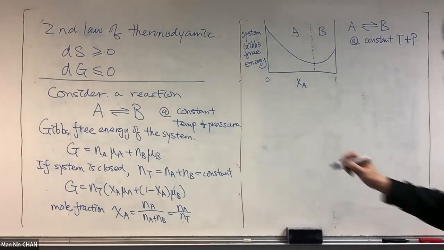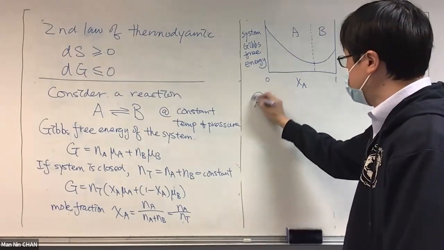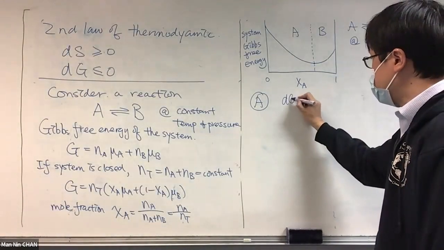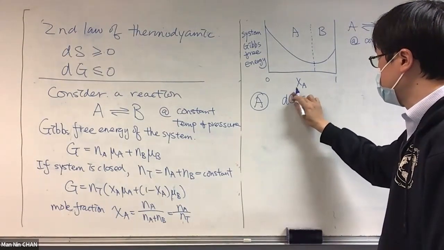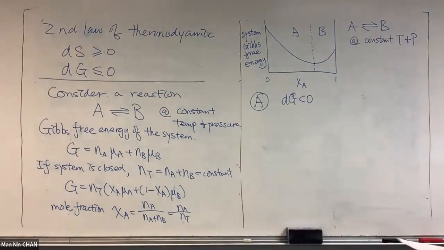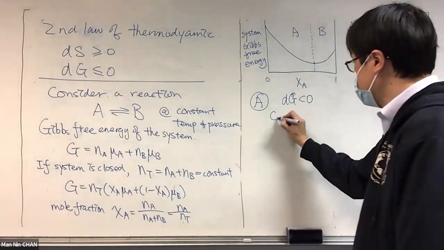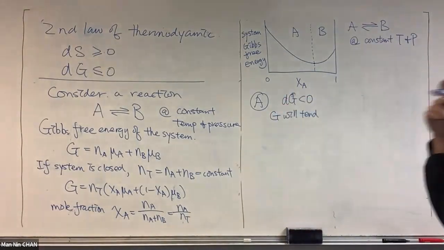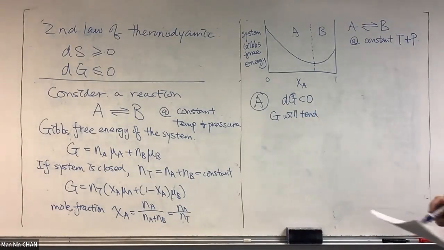So in region A, we know that for the system your G tends to decrease, because the Gibbs free energy of your system tends to decrease. This is available energy, so you try to minimize the Gibbs free energy of your system.